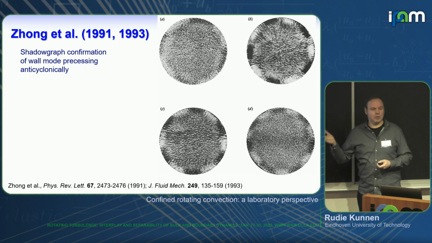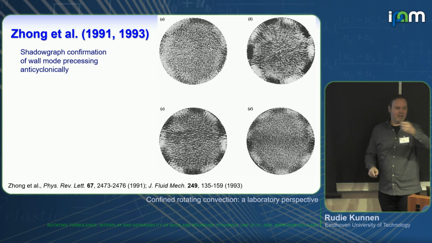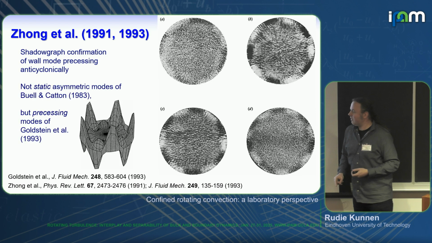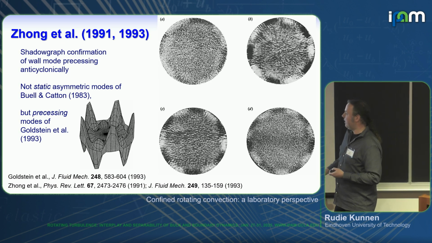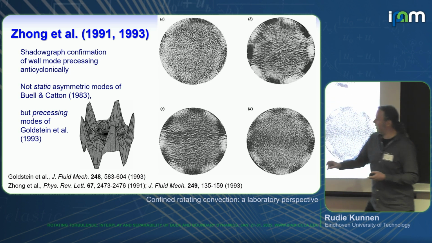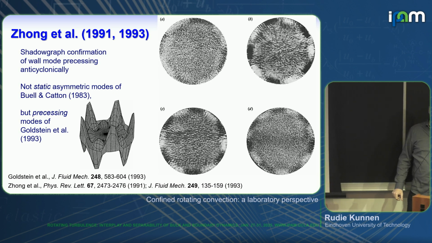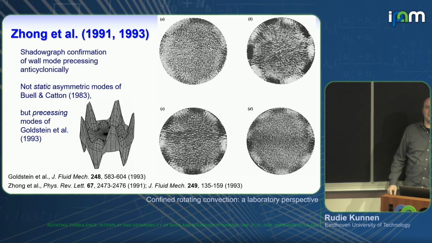And these also showed that these things are actually precessing most of the time against the direction of rotation. And by then, there had been some theoretical developments also that there are these wall modes, the modes that are precessing, that were found also theoretically, and this gave a very nice quantitative match.